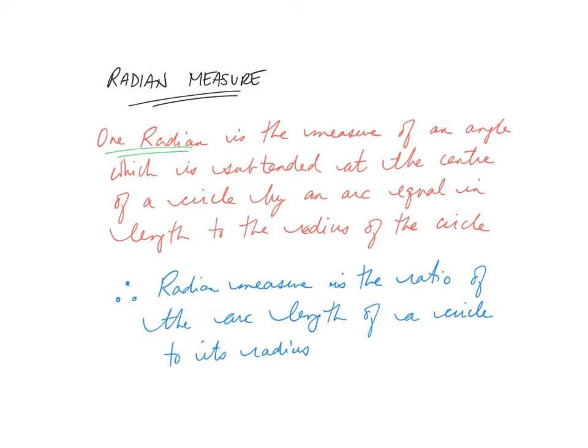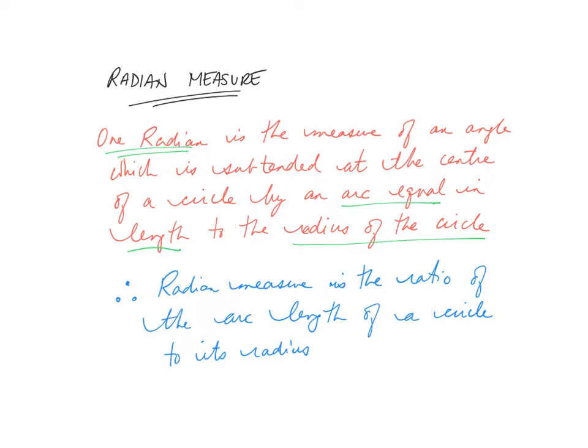Remember, that just means created at the center of the circle, by an arc length equal in length to the radius of the circle. So in this new measurement, when we go to define what is the measurement of 1 radian, it's where the arc length equals the radius.